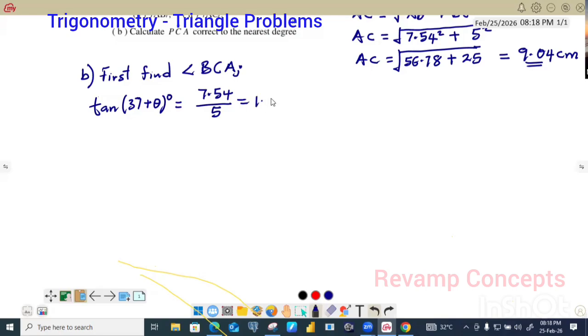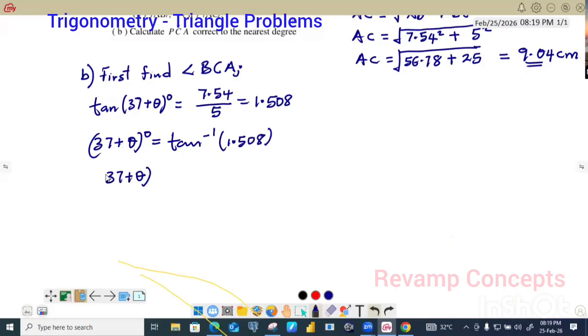And this will give us 1.508 if you press that on calculator. Therefore, 37 plus theta would be equal to tan inverse of 1.508.